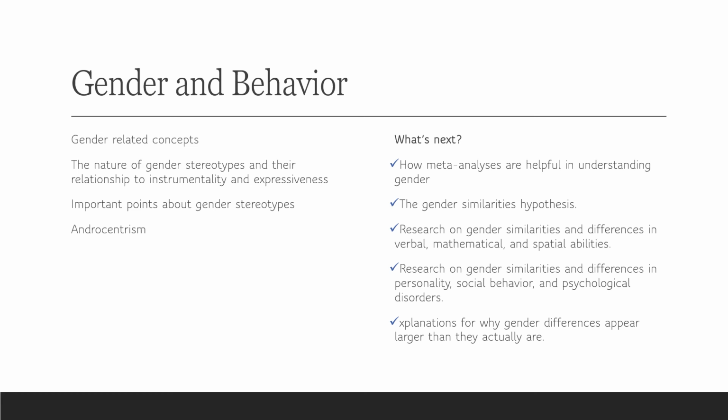And if they're environmental, what role does classical conditioning play, operant conditioning? What role does observational learning play? If they're biological, what role do hormones play? We often think about hormones when we think about gender differences. So that's going to be interesting. And then what about brain differences? So you'll be learning a lot of really interesting information in our next video.